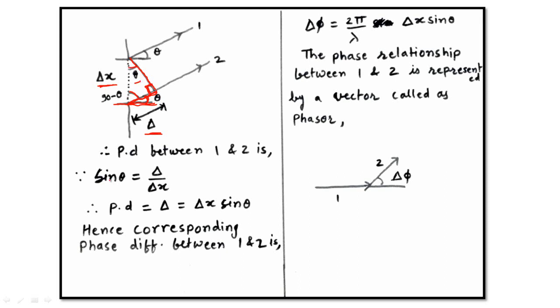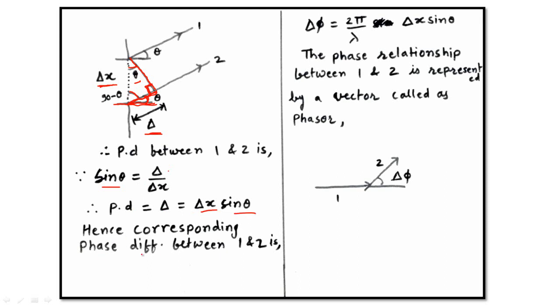Now what is sine of theta in this triangle? Sine theta will be equal to opposite side upon hypotenuse. So sine theta is equal to opposite side, which is delta, upon hypotenuse, which is delta x. And therefore we rewrite this formula in terms of delta, where delta is the path difference. So this path difference delta is equal to delta x into sine theta.